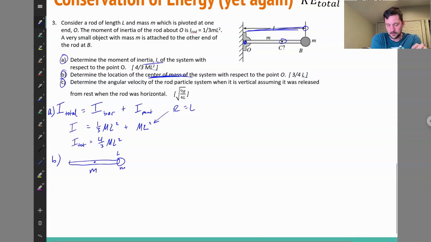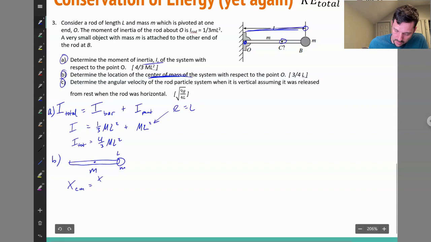Not too complicated. All right, so it was a while ago, but the center of mass of an object is located by this formula: m1 x1 plus m2 x2 over m1 plus m2.